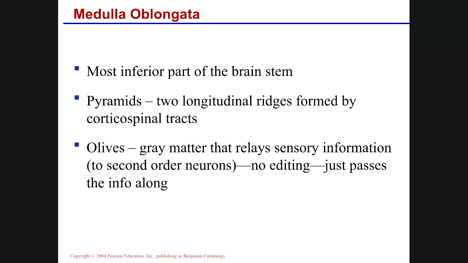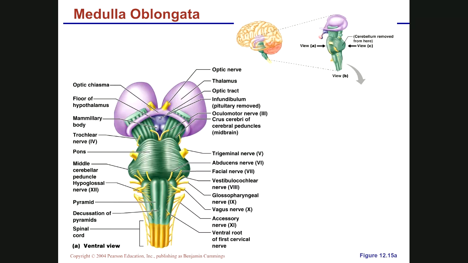This is also where the pyramids cross. So we get the decussation of the pyramidal tracts right here. So if we look at that, we can see these pyramids. So if you look down in the very center, the midline on each side is a ridge. Those are the pyramids. You can also see ridges more lateral.